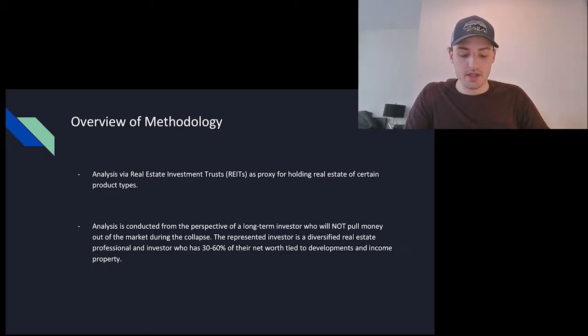So the analysis is conducted from the perspective of a long-term investor who will not pull money out of the market during the collapse.